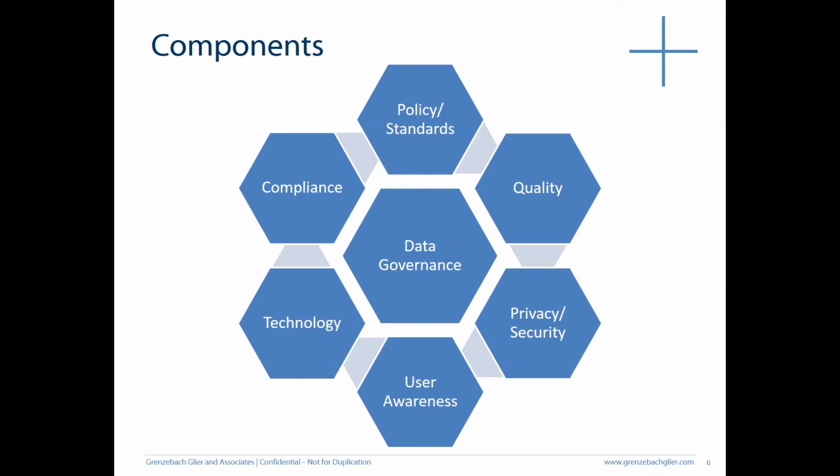Where I want to start is with policy and standards. Any data governance program is going to be anchored by what the rules of engagement are for data and what the definition of that data is. Policy and standards are sort of that framework on which all things come underneath.